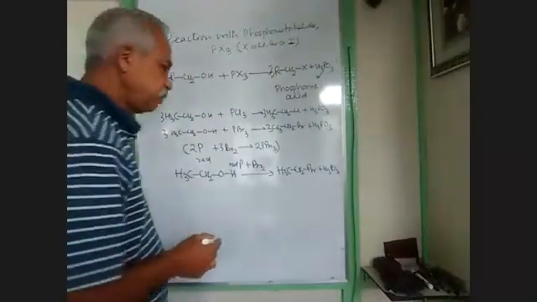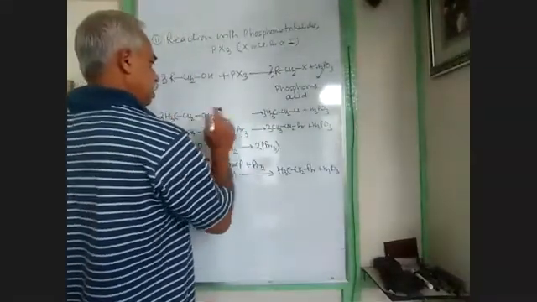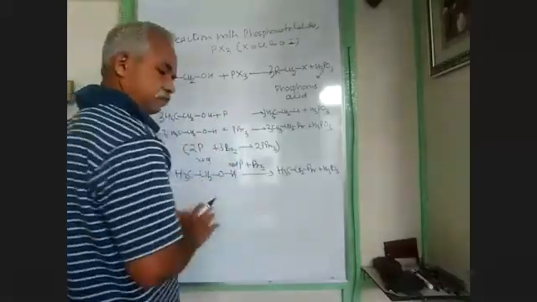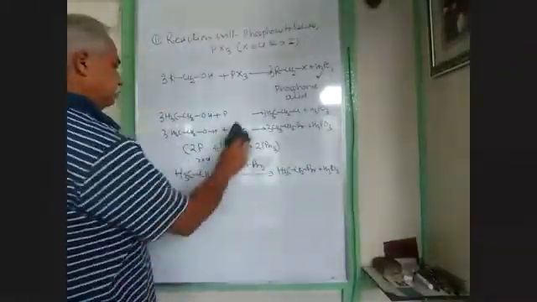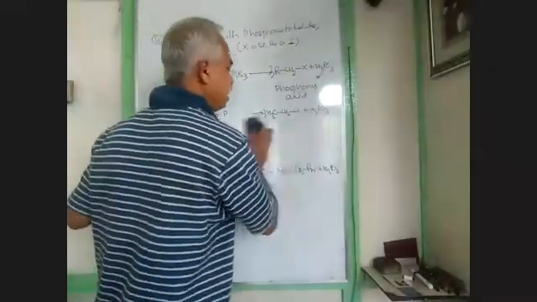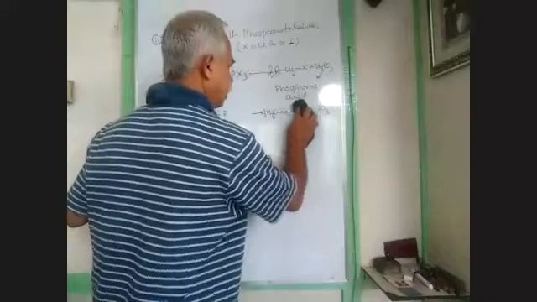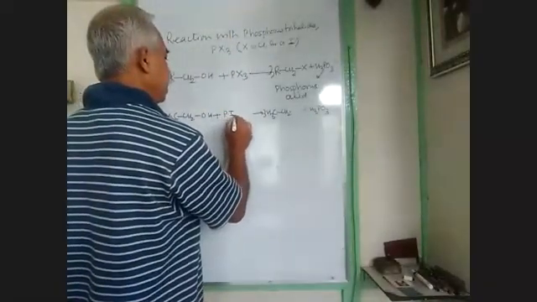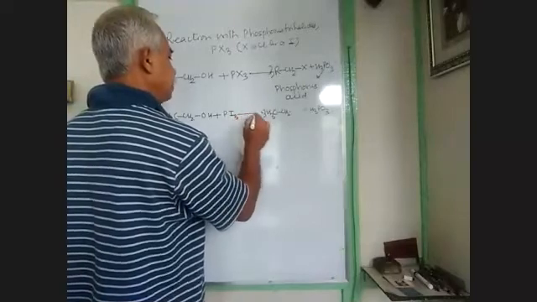Okay. Now, if I have taken phosphorus triiodide, what will I get here? I'll get PI3. Okay, PI3.